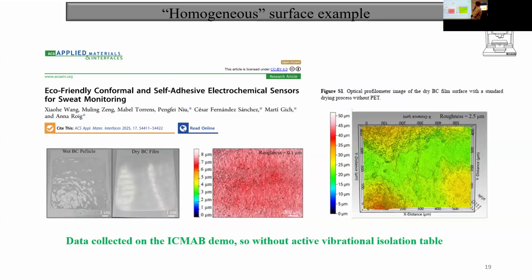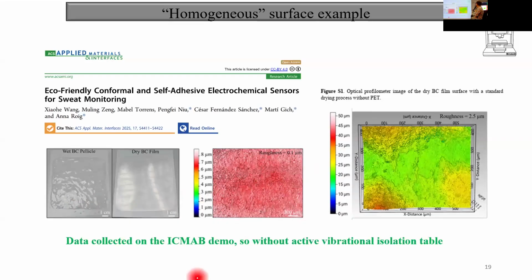And an example of a measurement that was done in the demo at ICMAB that has been published recently by Anna, Martí, and co-workers is this BC fiber structure where we were able to measure the roughness on 2 different samples.